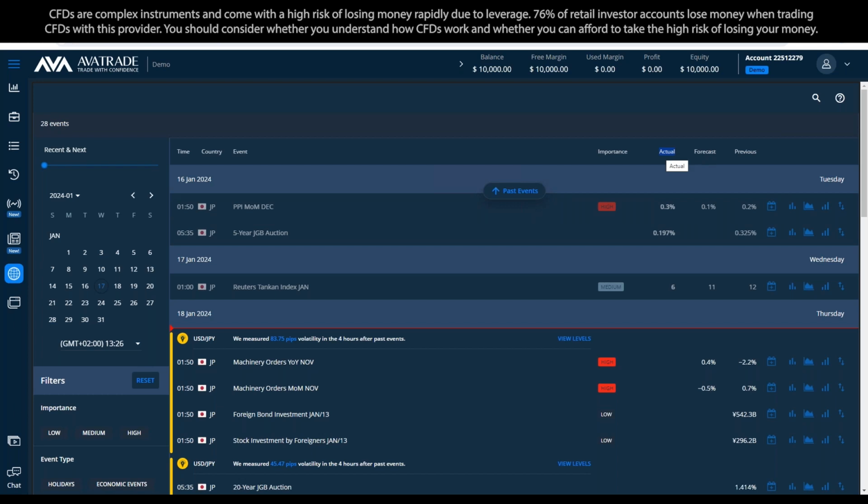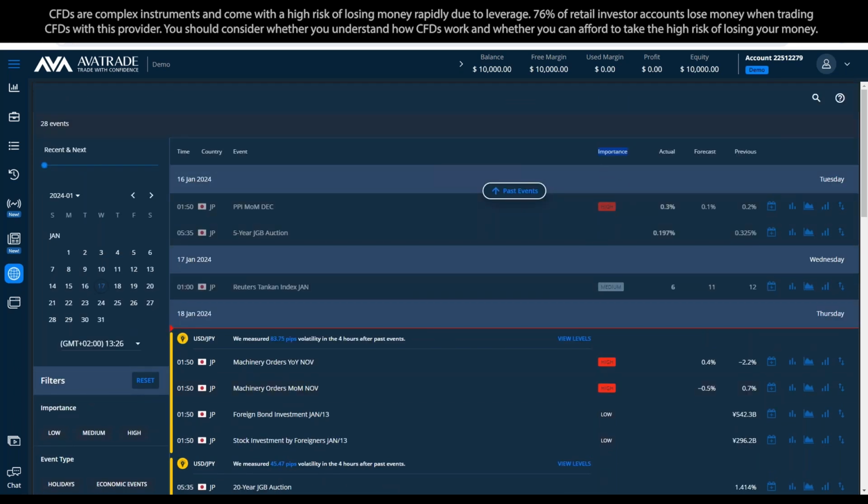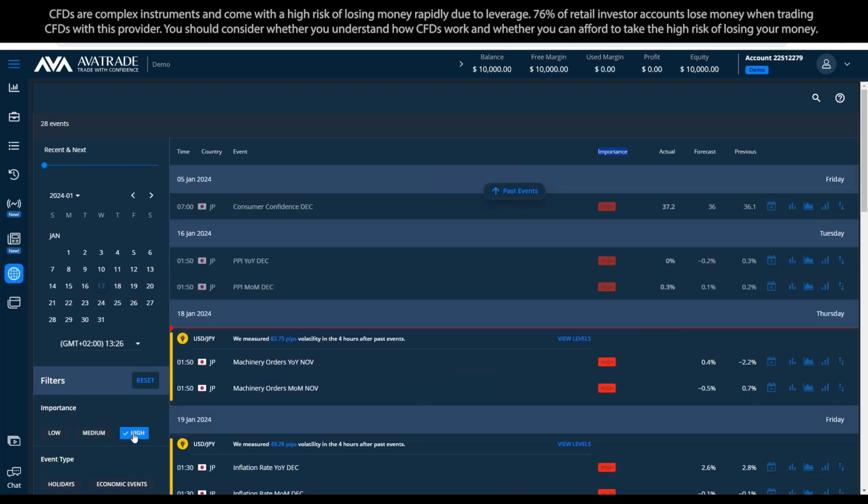Actual will only appear after the occurrence has already happened, and importance is quite understood. This is low impact, medium impact, and high impact, and I don't have to focus on things that I don't want. If I want to go only with the important things, I can click here on the high, and it will only bring me the high impact events.